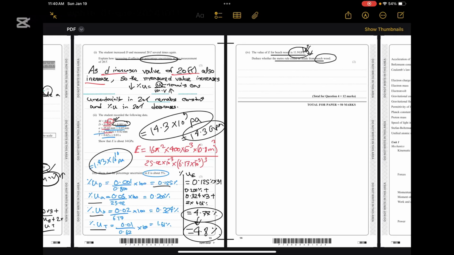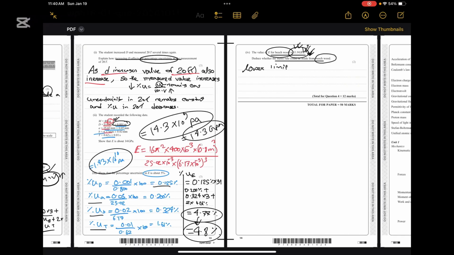So for the material, we have to calculate the lower limit of Young modulus, and see whether that lower limit is smaller or greater than the Young modulus of beech wood.